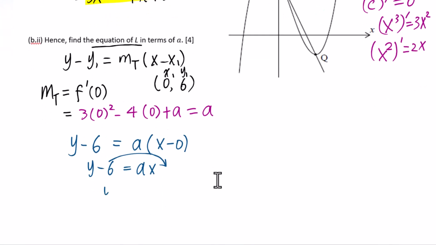We get y equals ax plus 6. So when you look for the equation of a tangent line or normal line, this is always your first step, second step, then the third step to figure out the equation of the normal line or tangent line.